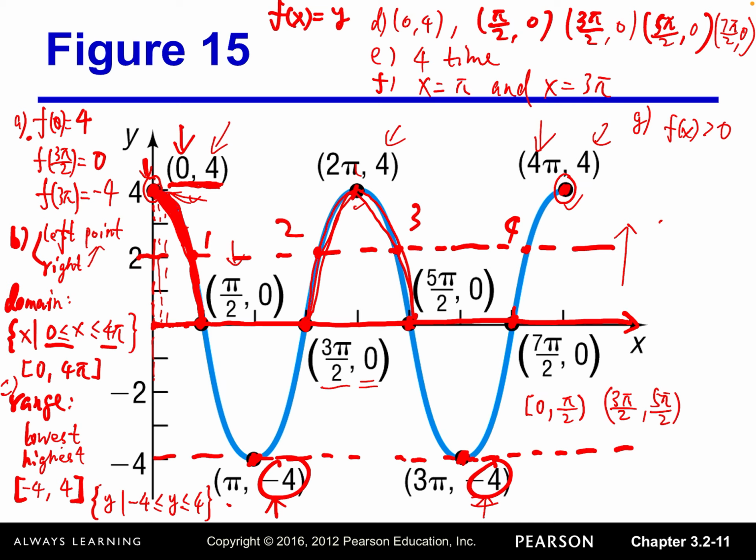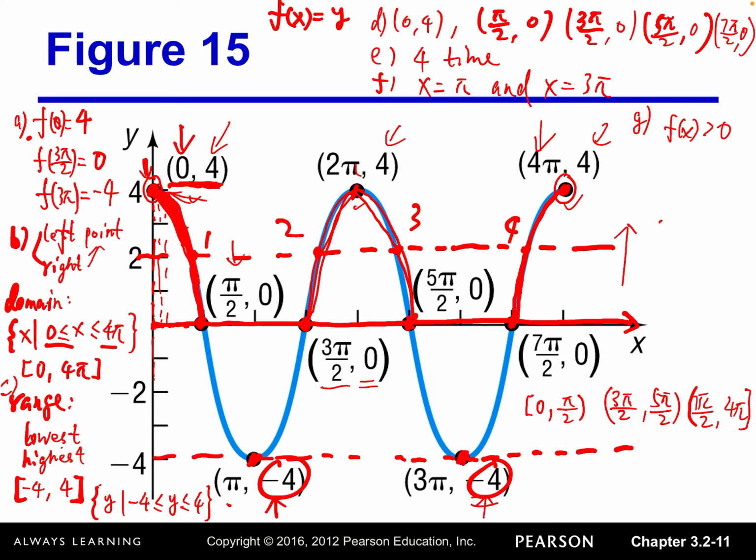The last part of the graph above the x-axis starts at 7 pi over 2 and goes until 4 pi. 4 pi is a solid point, so here is a square bracket. 7 pi over 2 refers to y equal to 0, so this point is not included.